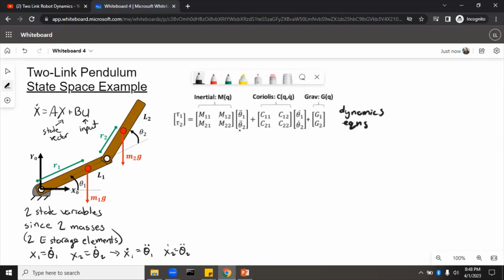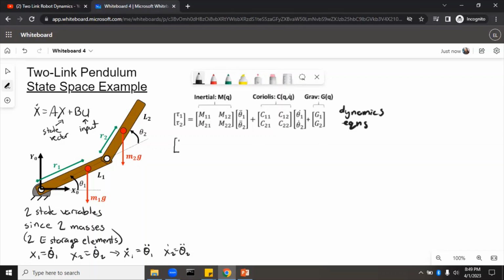Now we need to rearrange this and get it into state space form. So first let's replace all of these variables with the state variables, and then we'll rearrange to get it into the proper form.